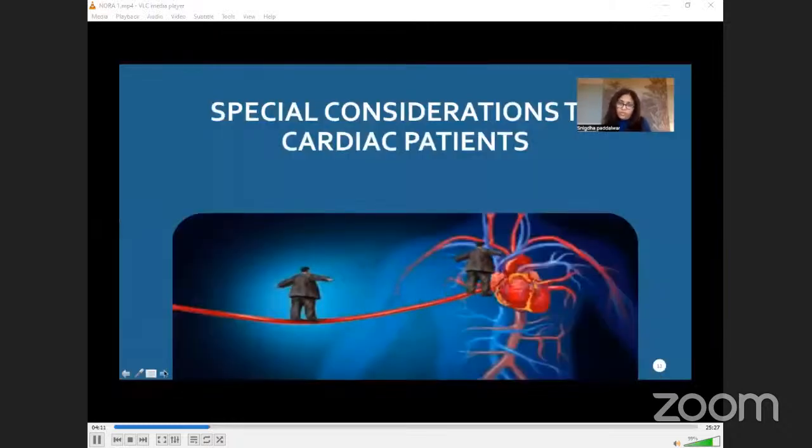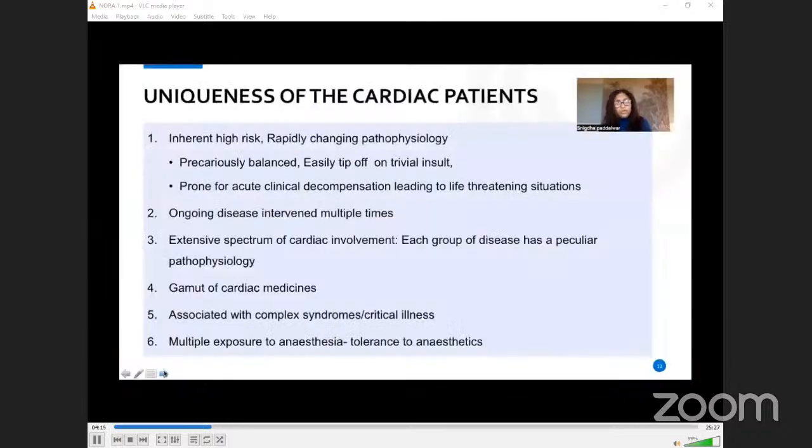Now coming to the cardiac patients, why do we consider these patients special? So look at the uniqueness of the cardiac patients. They have a rapid compensation needed in life-threatening situations. And also these patients come from a various and extensive spectrum of cardiac involvement, and each disease has a very peculiar and specific pathophysiology.